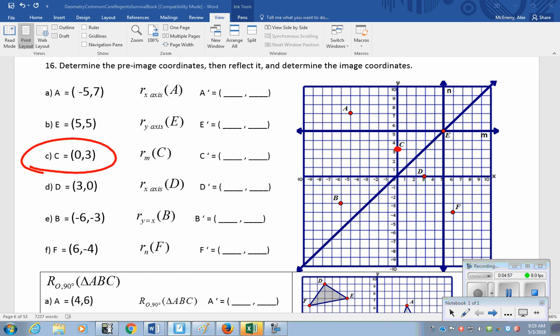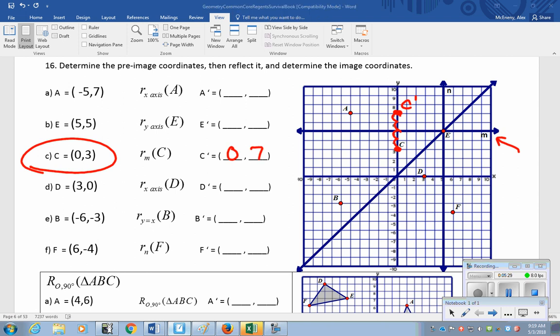And they want us to do a reflection over the line M. You can see that they clearly marked line M here. With reflections, if it's not an axis, you want to count the spaces to that line. So in this case, you're just going up 2 spaces. And then you want to go the opposite that many spaces. So if you go up 2 more, you mark that point. That would be our new C prime, and that coordinate would be 0, 7.